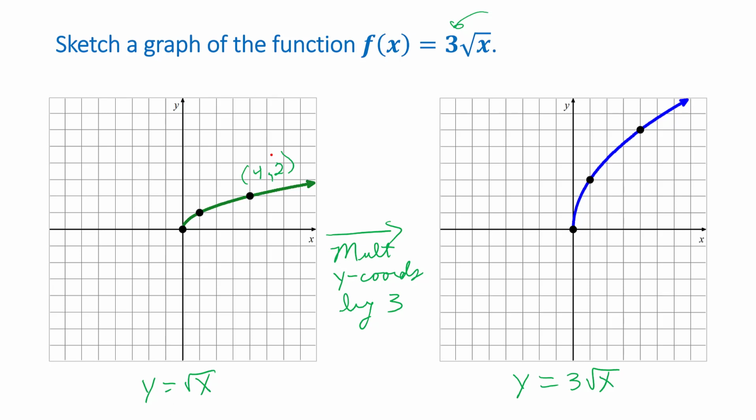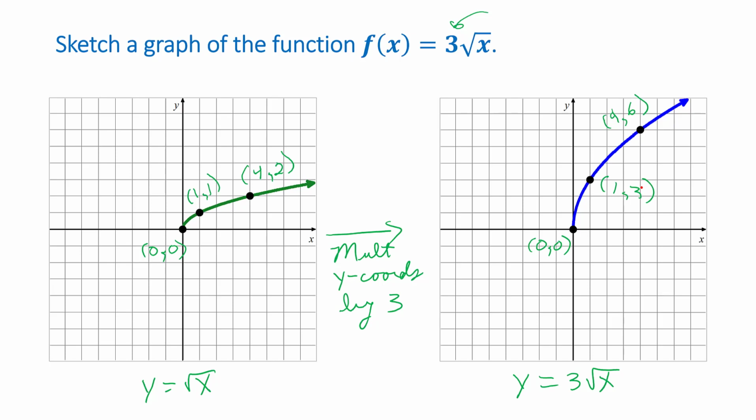We multiplied that y coordinate of 2 by 3, so this becomes the point on our new graph of 4, 6. The point 0, 0 would stay the same, right? Multiplying 0 by 3 is still 0. The original point 1, 1, multiplying that y coordinate by 3 gives us a new point 1, 3.